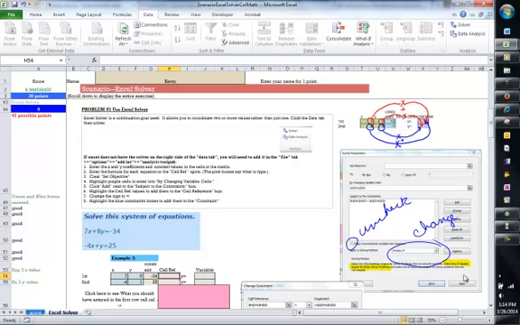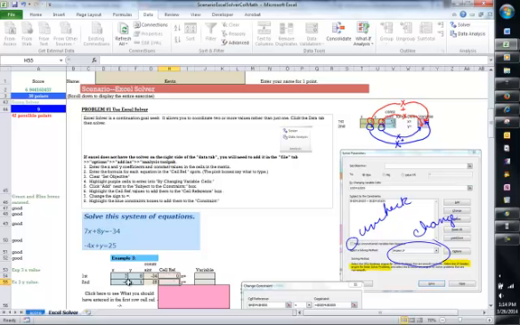For the cell reference, this is where it gets just a little bit tricky. I show you how to do it up here in this section, but you type equals the x coefficient times the x variable plus the y coefficient times the y variable.